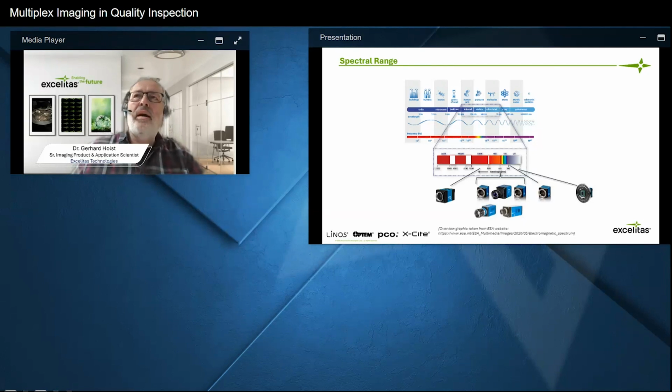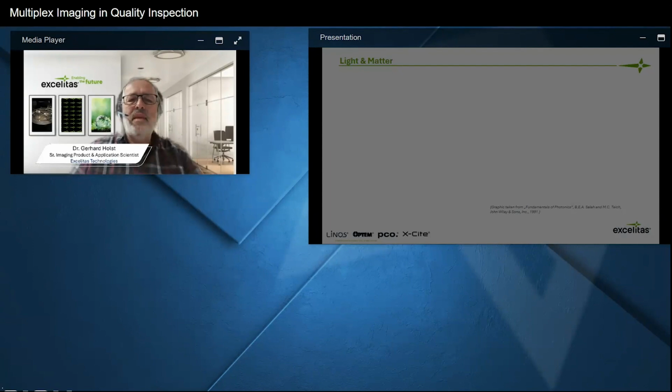Before I come to examples, I would like to start with the general issue that you have if you want to create such a detector.